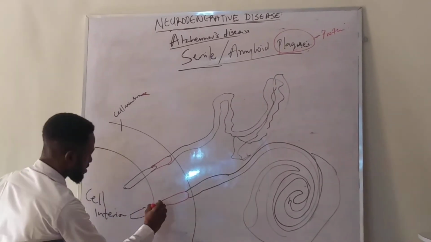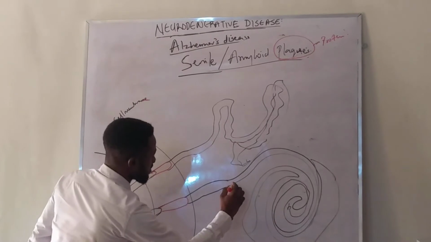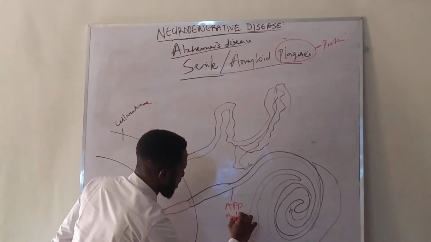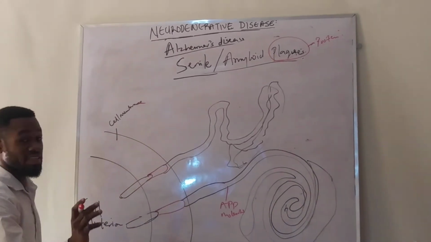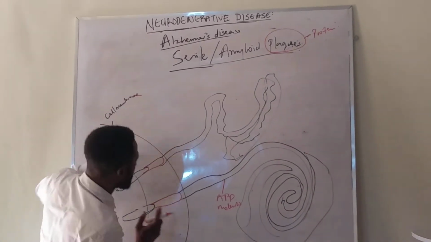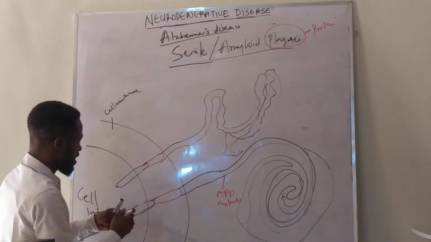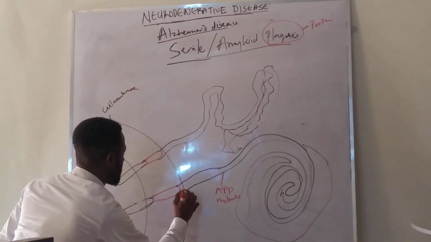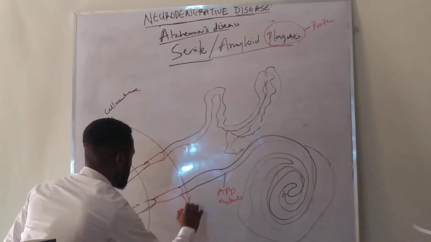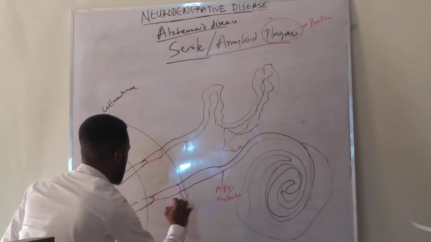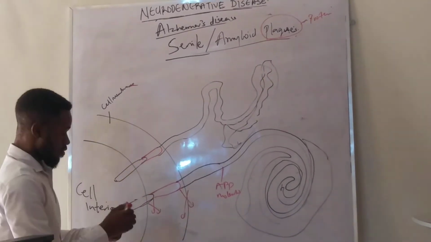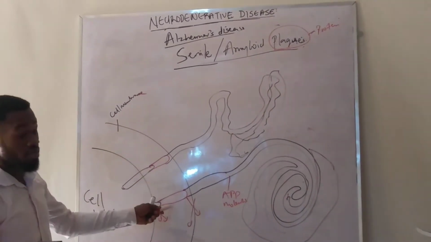This is the APP molecule. It is directly attached to the cell membrane. So here we have a cut, with the help of what?